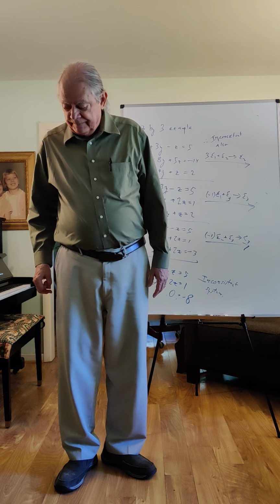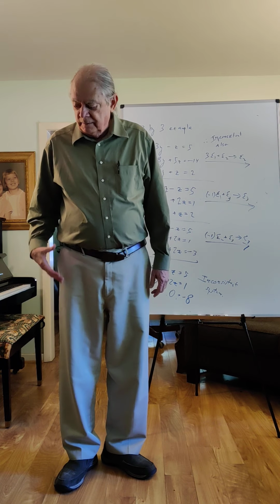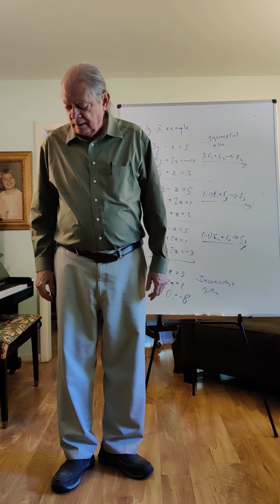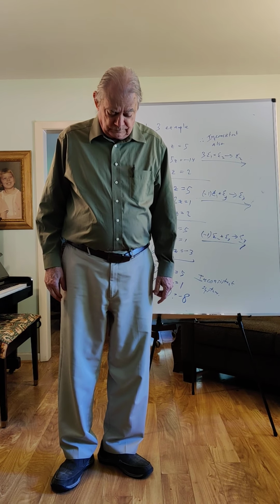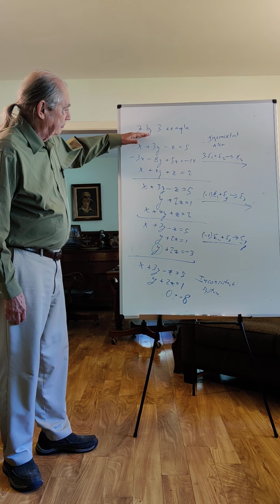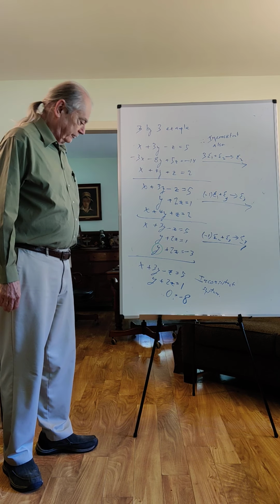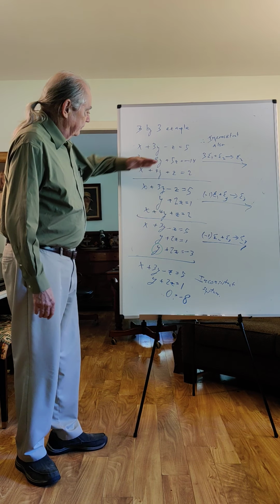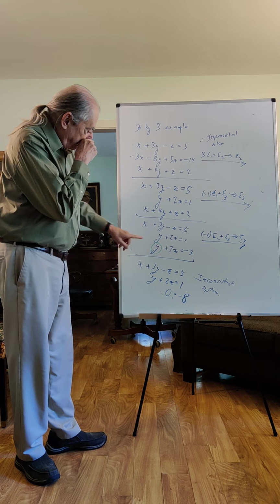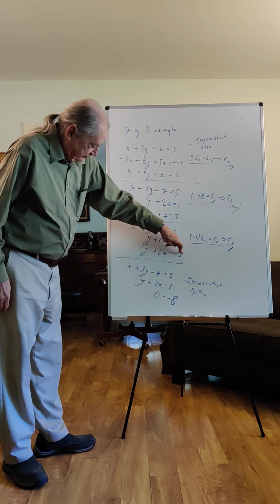Okay, so we're going to conclude our series on Gauss-Jordan elimination this morning. In the previous video, we had a 3x3 example of a system that's inconsistent, that there are no solutions to. So we worked along here and we arrived at this point, and we noticed that these two equations are contradictory.